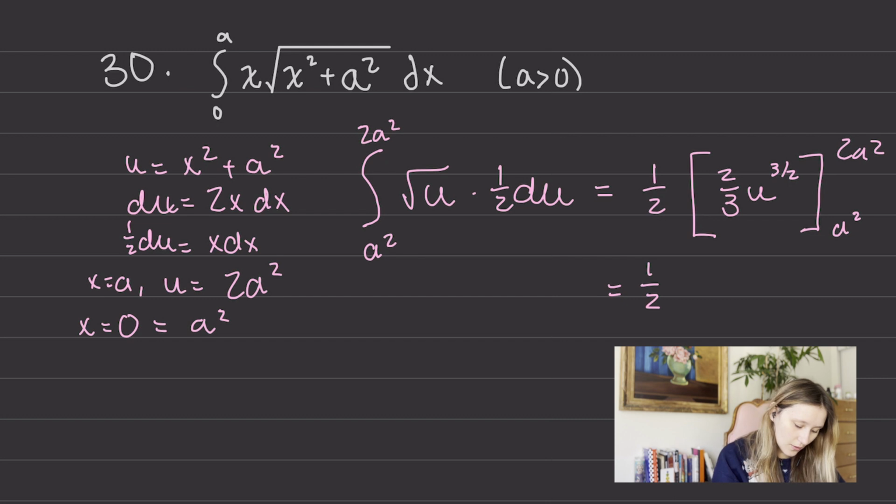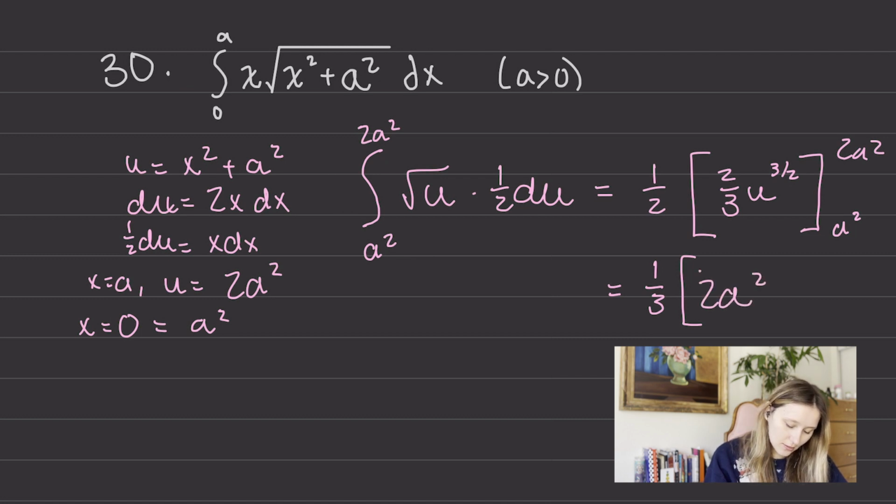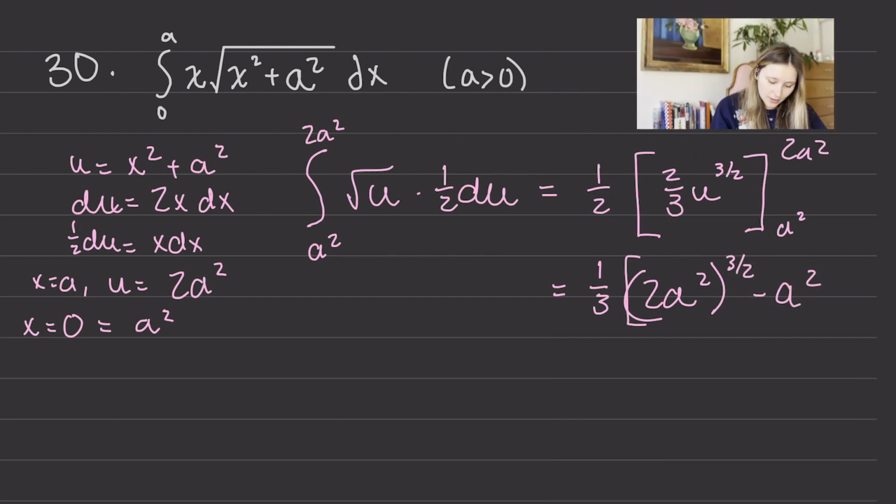I'm just going to put the 2/3 on the outside. 1/2 times 2/3 is 1/3. And then we get 2a squared to the 3/2 minus a squared to the 3/2.